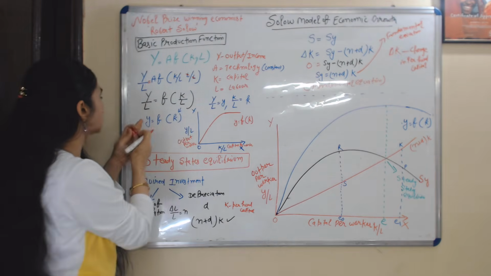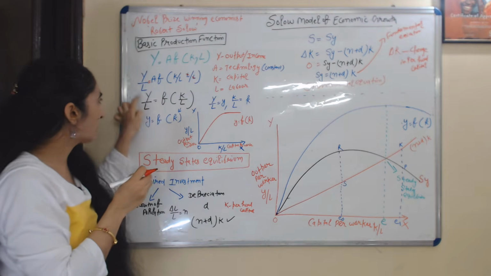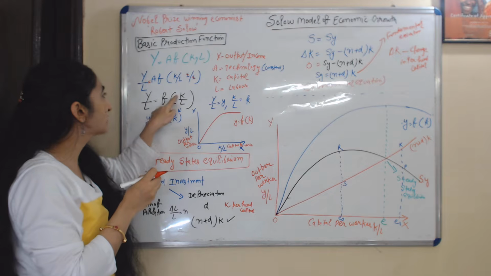Now we have the equation Y over L is a function of K over L.